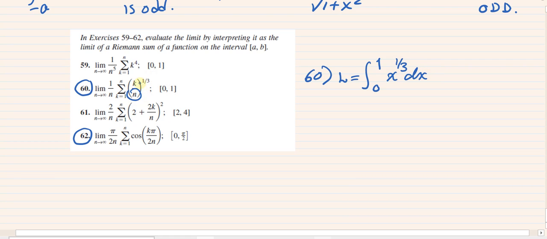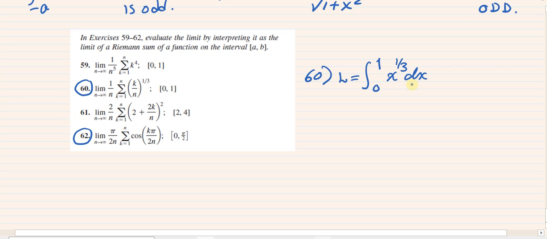Now, where did the n go here? Remember, with the limit of a Riemann sum, the denominator becomes 1 over n to the 1/3, which is 1 over n. And remember, we're going to call that our delta x. So this is in the form f of c sub k times delta x. And that is exchanged with a dx in our definite integral.